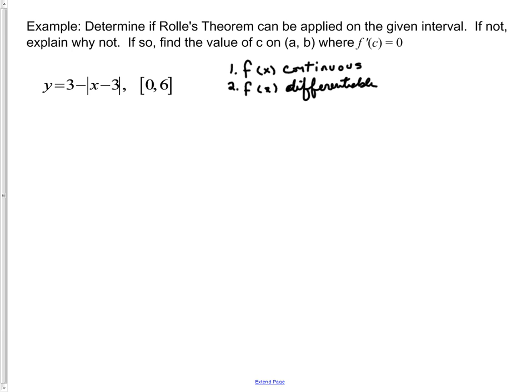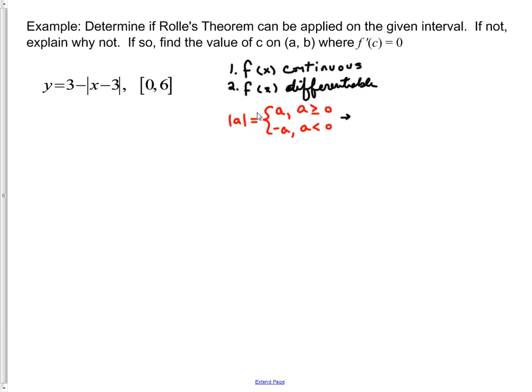Recall the definition that we stated earlier about absolute values, which is this, that the absolute value of any quantity is either equal to itself if that quantity is greater than or equal to 0, or is its opposite if that quantity is less than 0, if it's a negative number. Now in this case, we've got that absolute value of x minus 3.